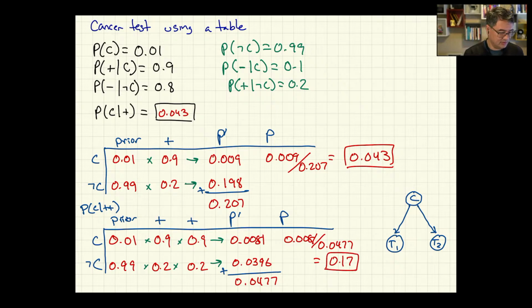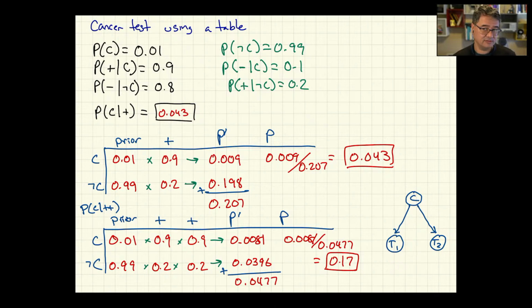Okay, so the test came out positive twice. Probability of having cancer is 0.17. What do you think about that number? Did the probability go up a lot? Did it go up a little?